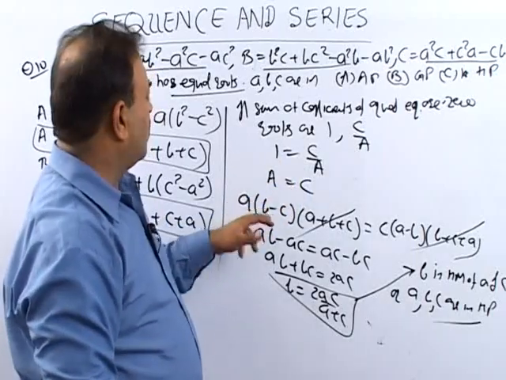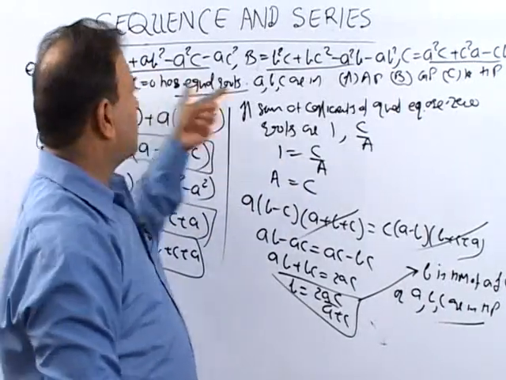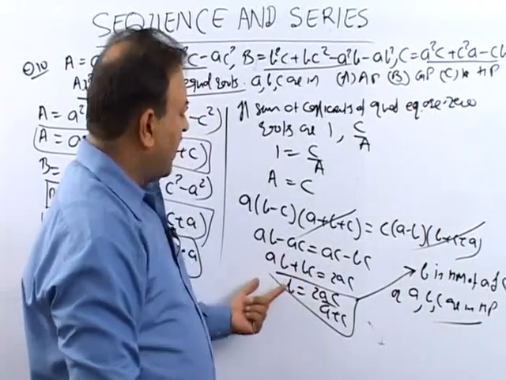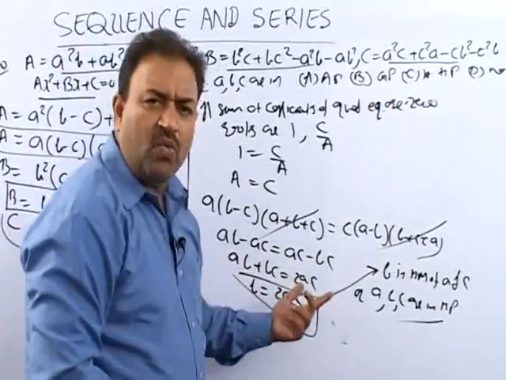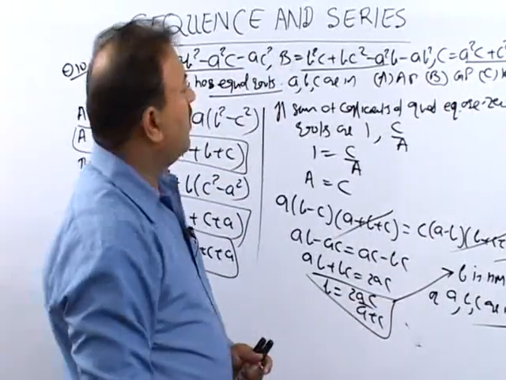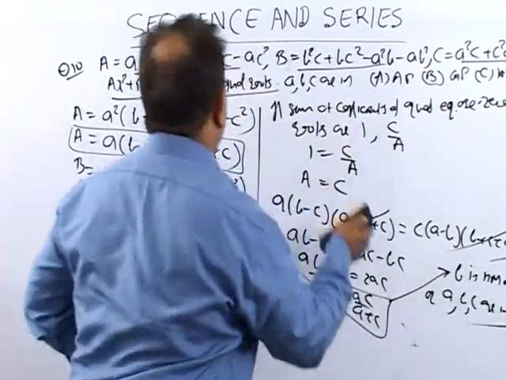That means a is equal to c. We substitute the values of a and c and get this expression. Dividing by abc, even then we get that a, b, c are in HP.